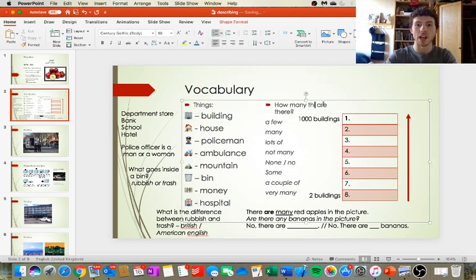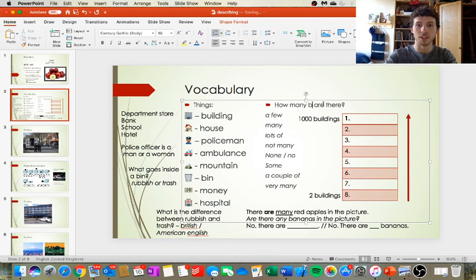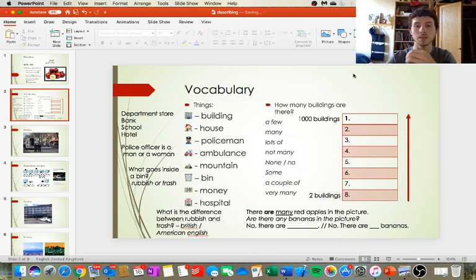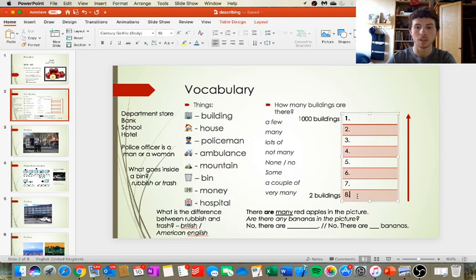This question was, how many buildings are there? Where would these words go in the order? Any idea? Sorry, if this was 0 buildings.